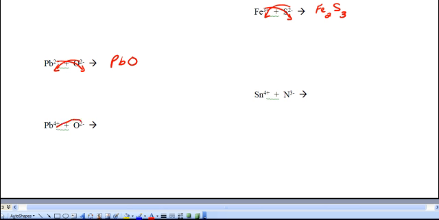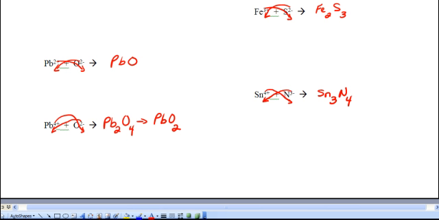In this case, down here, the 2 goes with the lead, the 4 goes with the oxygen, so it would be Pb2O4, but those are going to both be divided by 2 to form PbO2. And finally, at least for this page here, when you crisscross these numbers, the 4 will go behind the nitrogen, the 3 will go behind the tin, Sn, so you have Sn3N4.